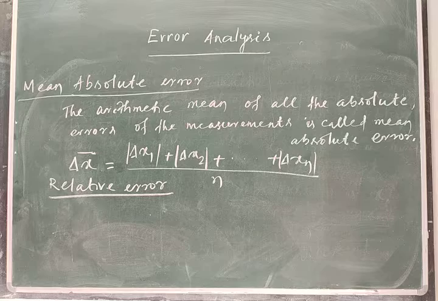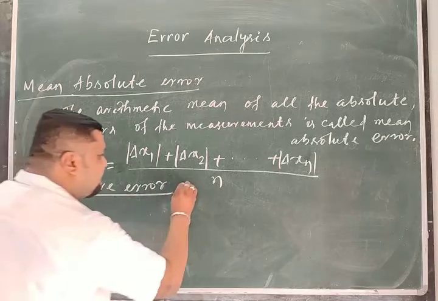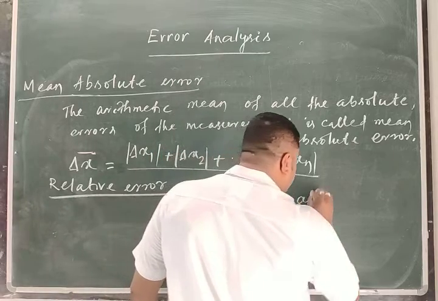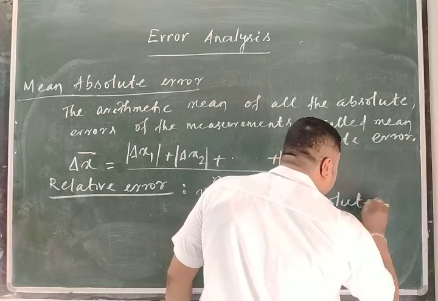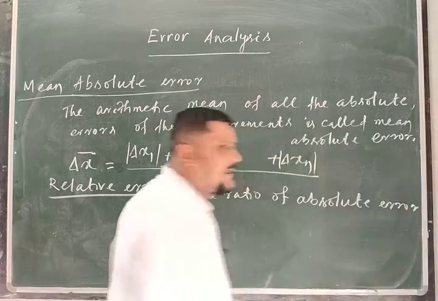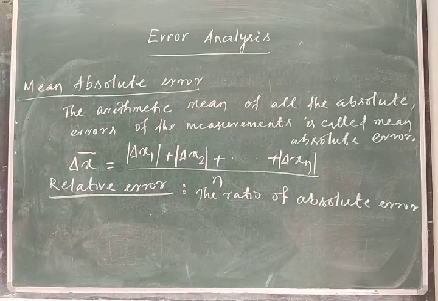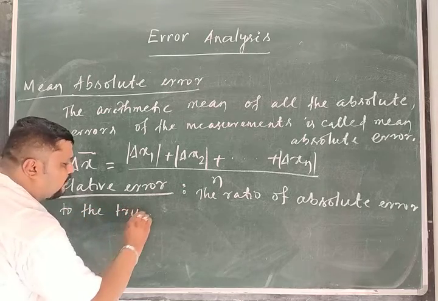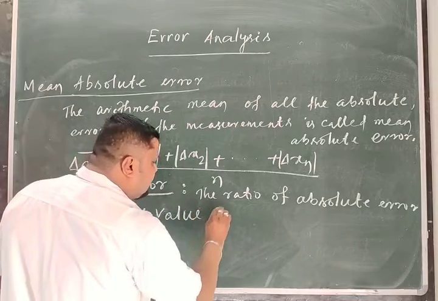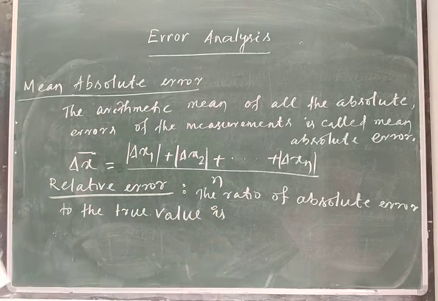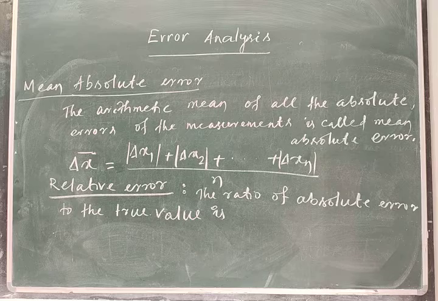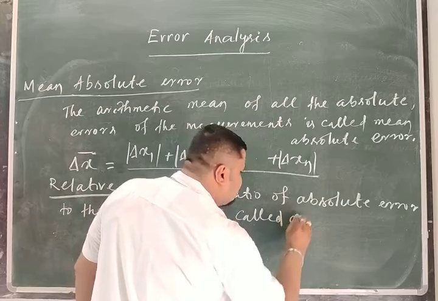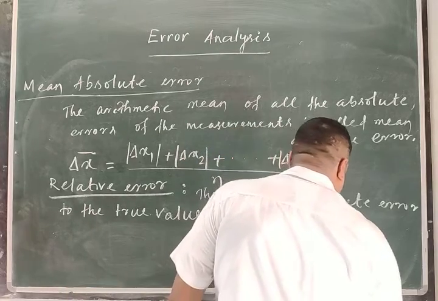The relative error is the ratio of absolute error to the true value. This is called the relative error.